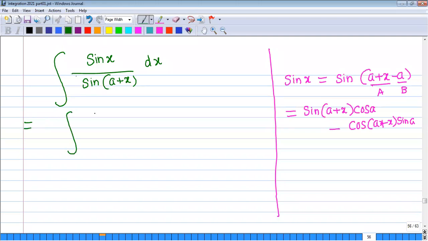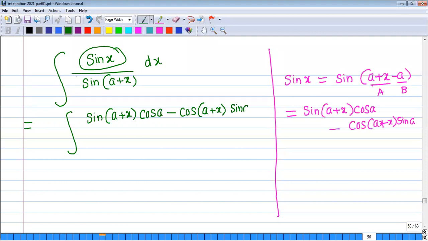This equals integral of sin of a plus x cos a minus cos of a plus x sin a upon sin of a plus x dx. This is the LCM, split it. Sin of a plus x by sin of a plus x cancel. We have integral cos a dx.